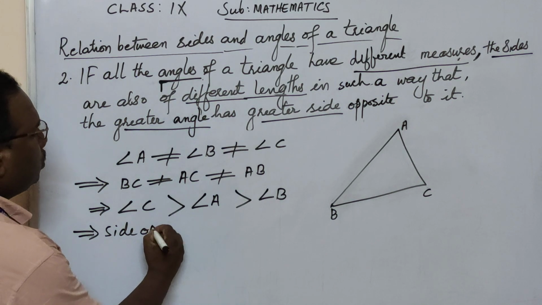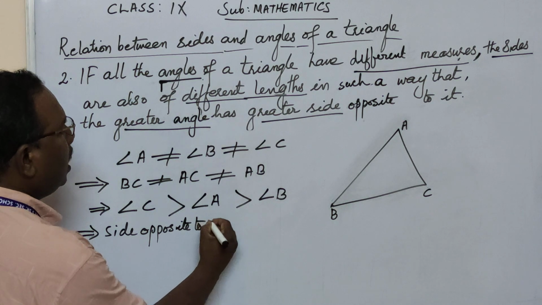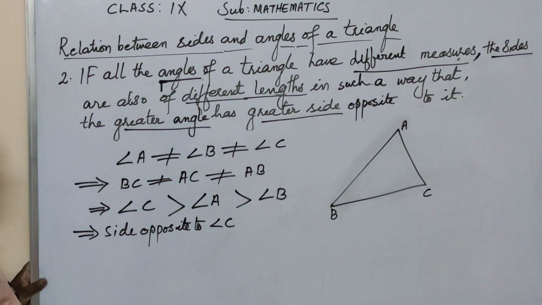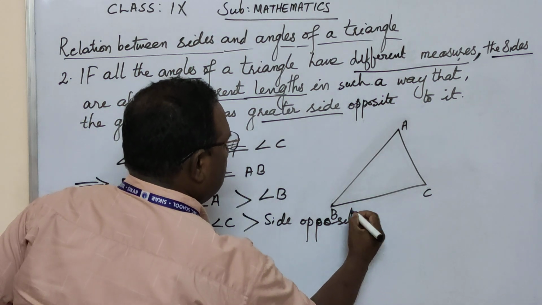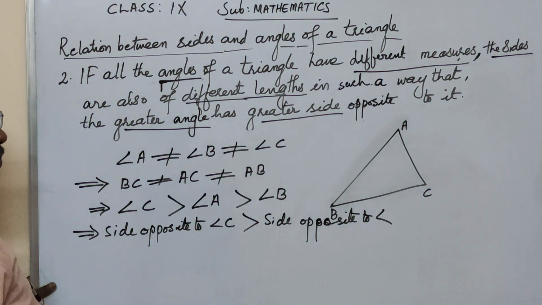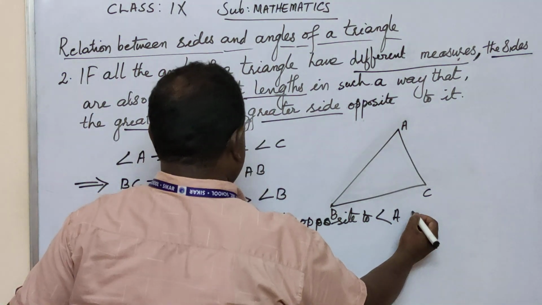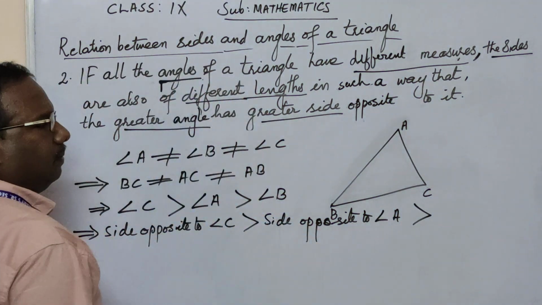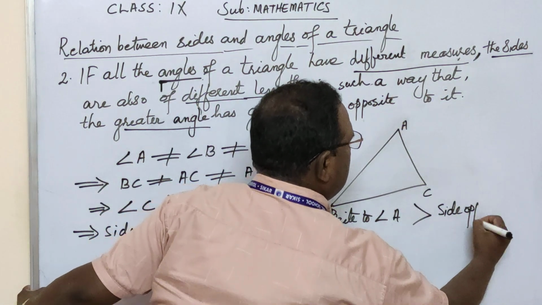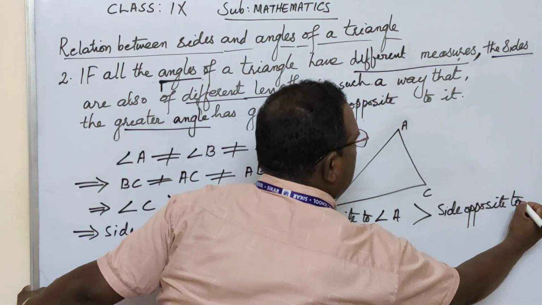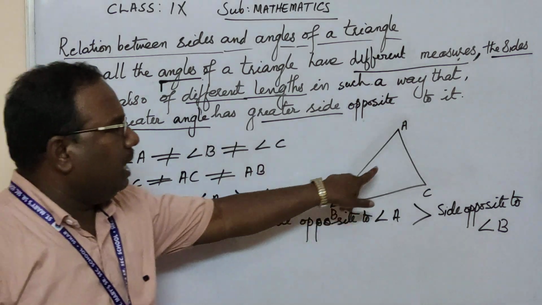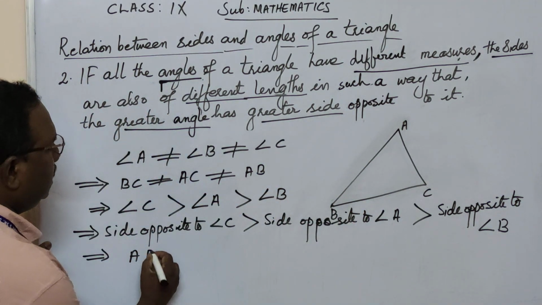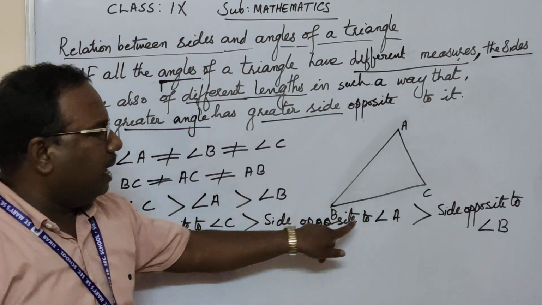side opposite to angle C is greater than side opposite to angle A, which is greater than side opposite to angle B. Side opposite to angle C is AB, which implies AB is greater than, which is the side opposite to angle A?